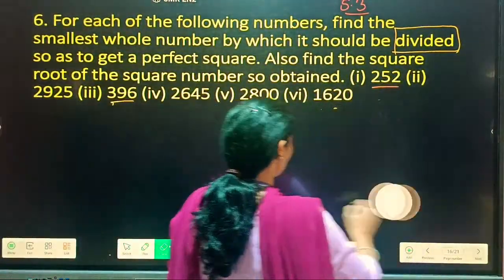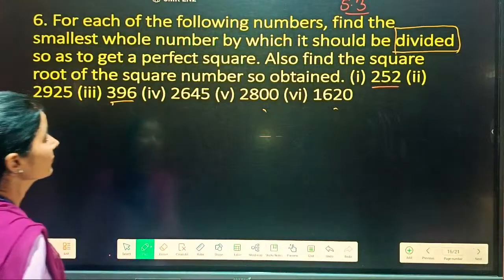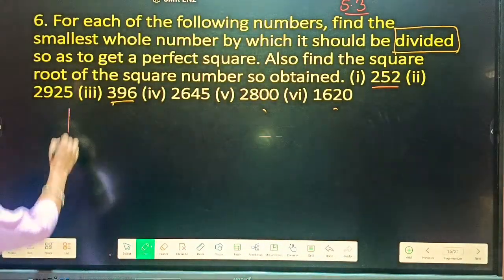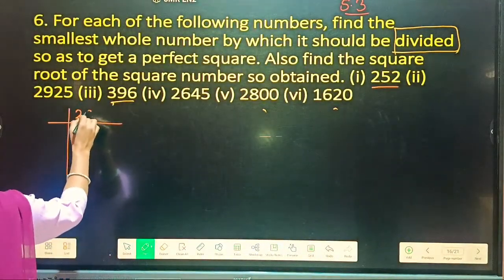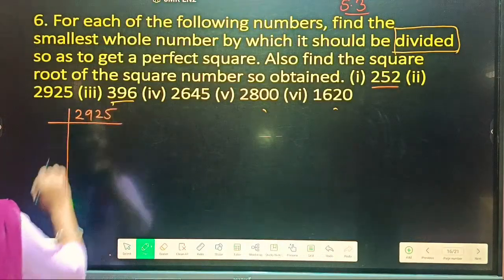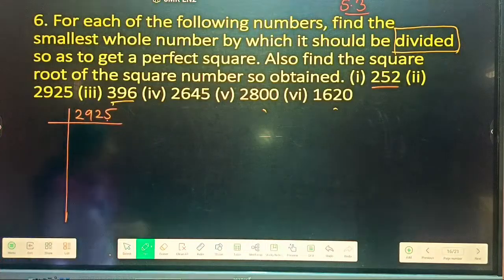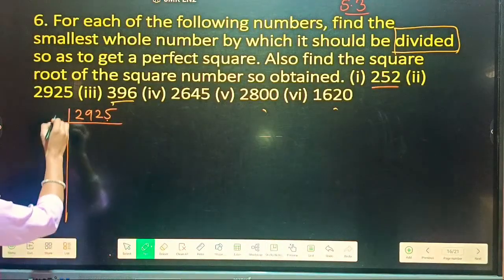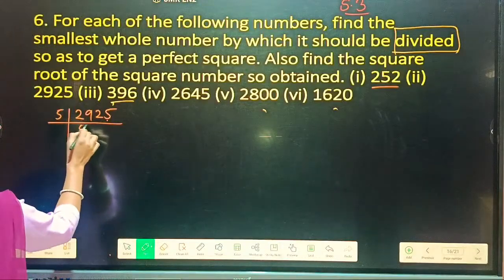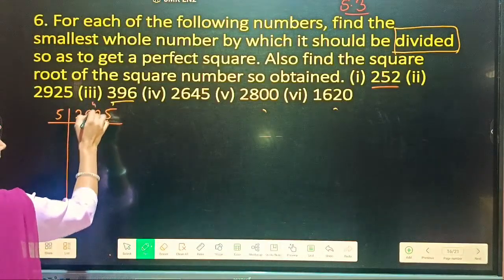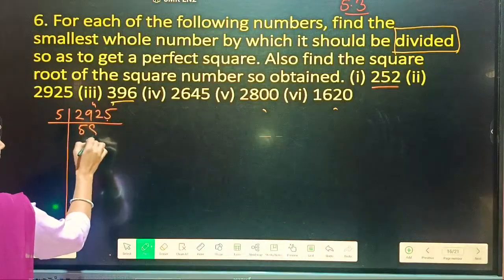What is the second part? The second part is 2925. Start dividing. The last digit is 5. It is divisible by either 3 or 5. Divide by 5. 5 5s are 25. Then the remainder is 4. 5 8s are 40.